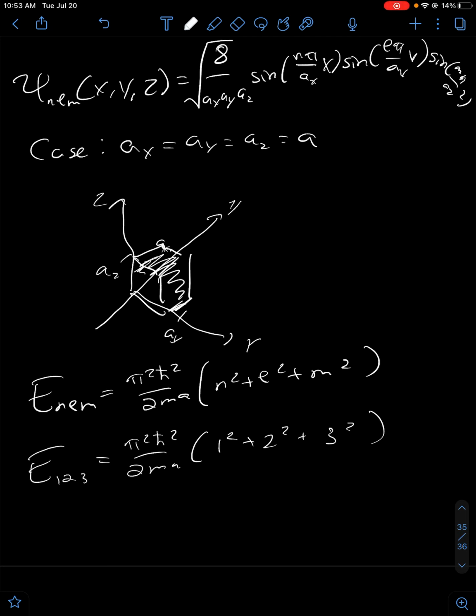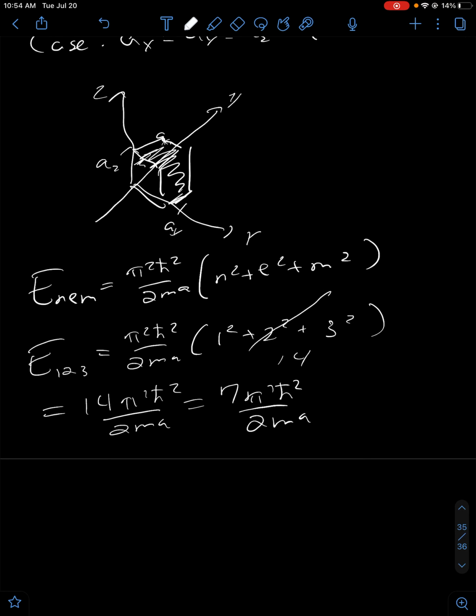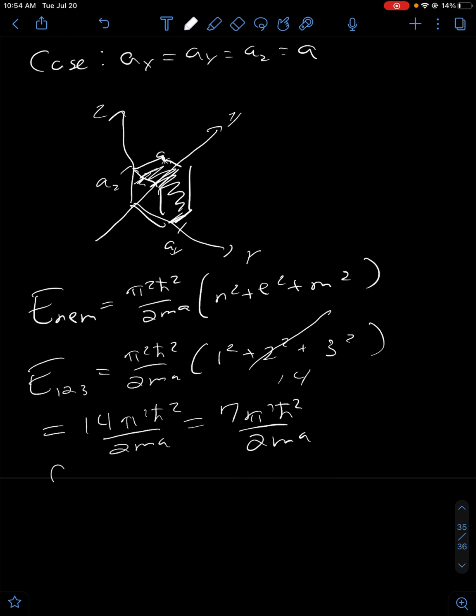And this just equals 1 plus 4, which is 5, plus 9, which is 14. So our energy is 14π² ħ² over 2ma², or just 7π² ħ² over ma². Okay, that's for the case where n equals 1, l equals 2, and m equals 3.